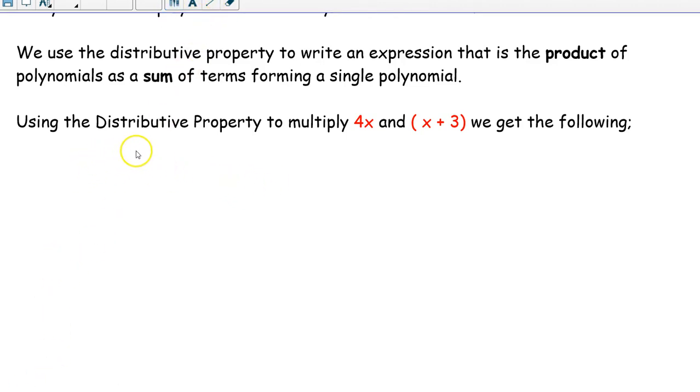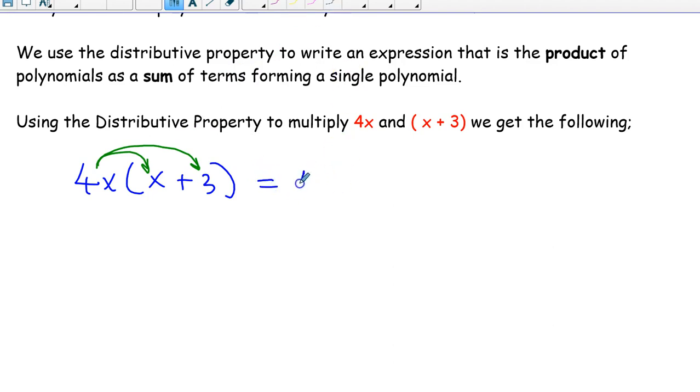Alright, let us use the distributive property to multiply 4x with x plus 3. That is 4x times x plus 3. So how do you multiply this? 4x will be multiplied with x, and then with 3.